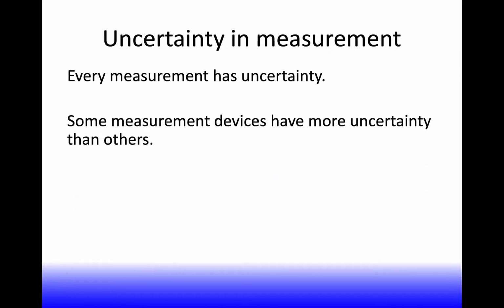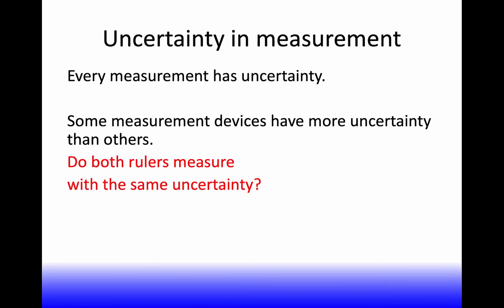So first thing you need to understand is in science, when you're doing a measurement, nothing is certain, okay? Every measurement has uncertainty. Some measurement devices have more uncertainty than others. So what we have to do is kind of try to figure out what that means.